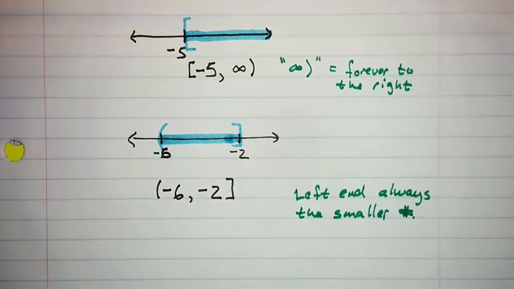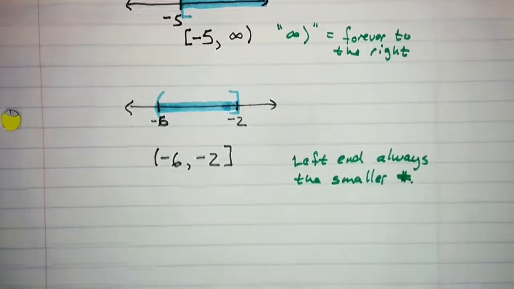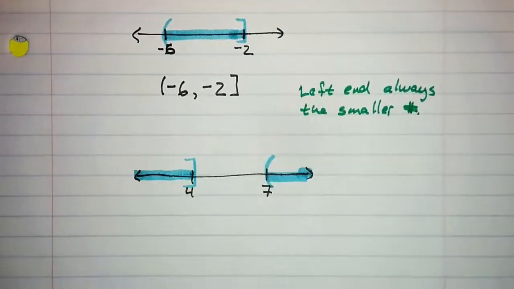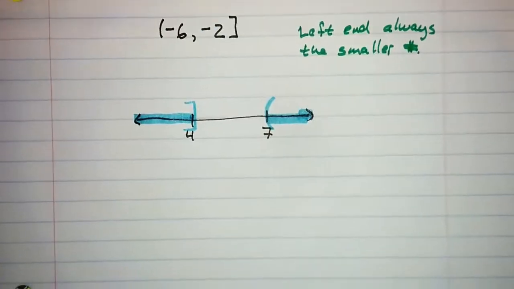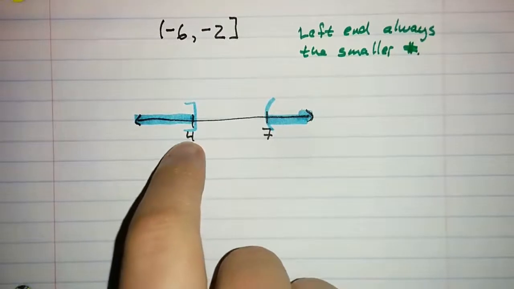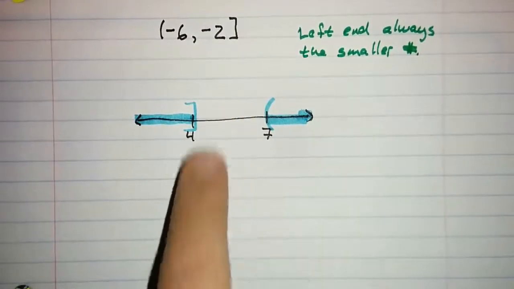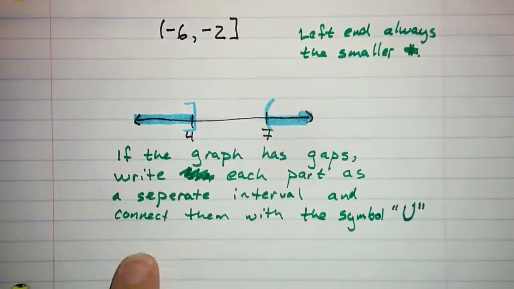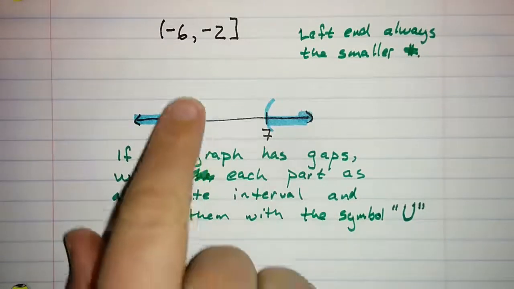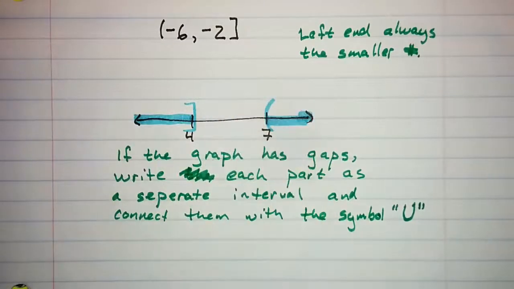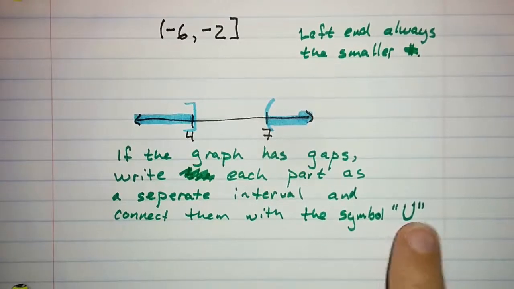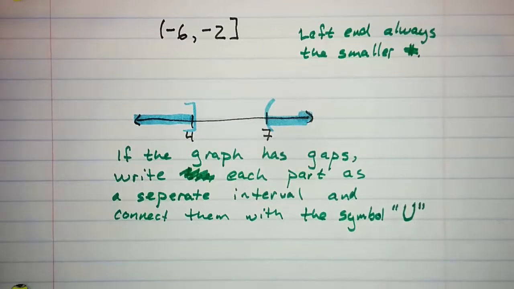Now, we can see more complicated pictures in the number line as well. How would we describe something like this in interval notation? Well, this is not an interval. It's got a hole in it. If the graph has gaps in it, we should write each part of the graph as a separate interval and connect the parts with this symbol U. This is U for union.